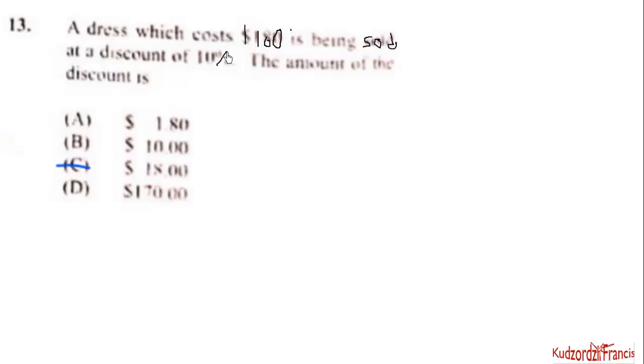Sorry for the writing not being clear. The amount of discount is the discount rate, which is 10%, and 10% is the same as 10 over 100 times the price of the dress, or the cost of the dress, which is $180.00.